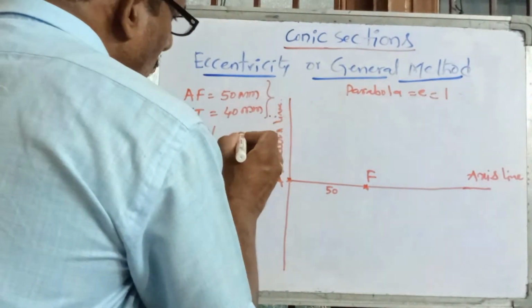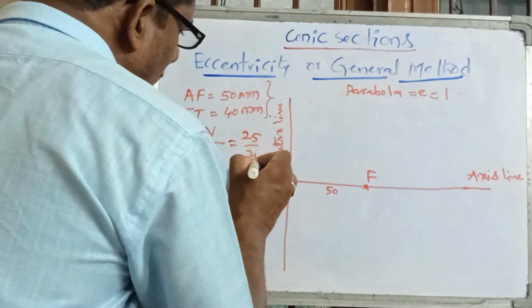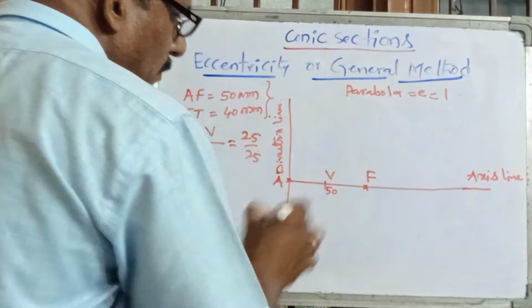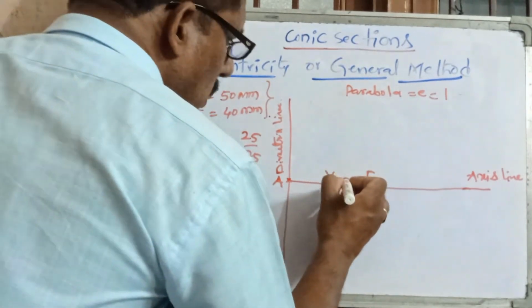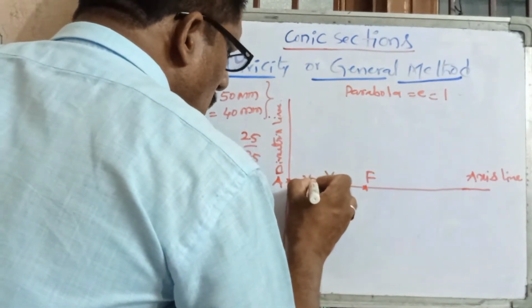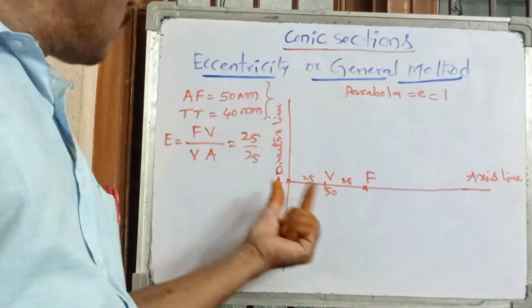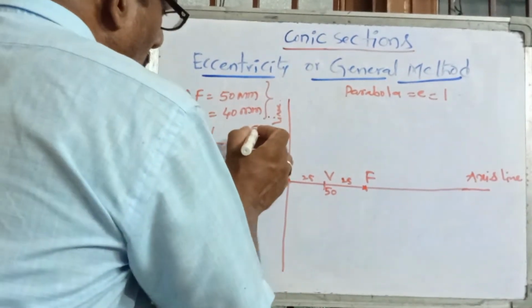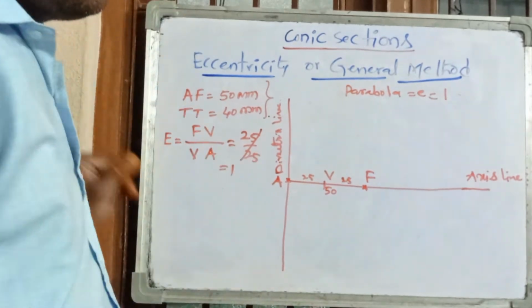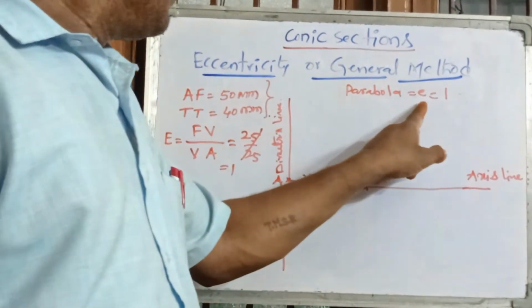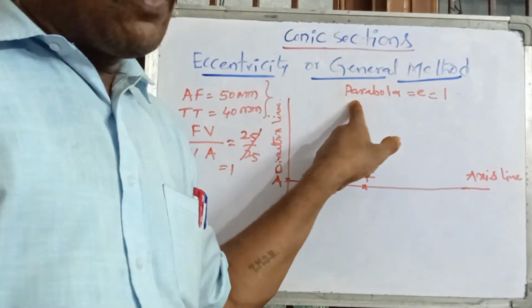Assume that V is at the midpoint, so this zone is 25 and this zone is 25. So FV is 25 divided by VA is 25, and 25 divided by 25 is 1. So we can decide that eccentricity equal to 1 means the name of the curve is parabola.